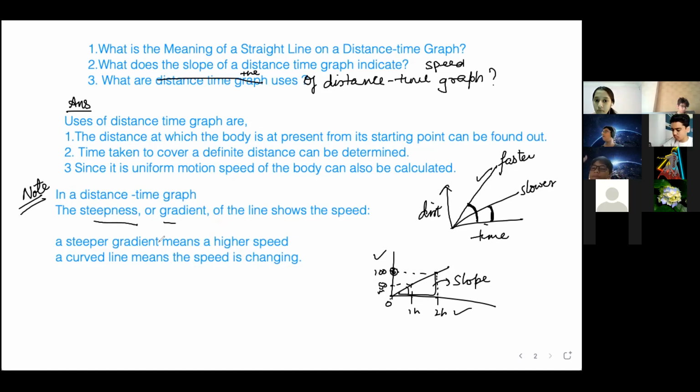Ma'am, steeper gradient means higher speed. Curved lines mean the speed is changing. Yes. Ma'am, once again, can you show how to calculate the speed in the distance time graph, in a straight line? Yes, in any one you can show. Okay.